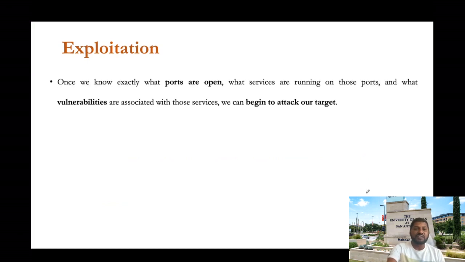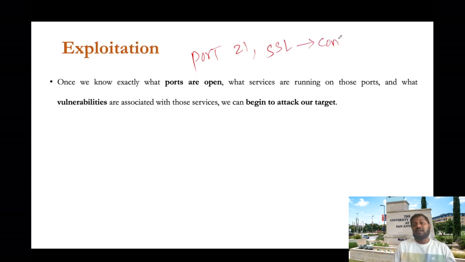The next phase is the exploitation phase. In exploitation, once we know exactly what ports are open, suppose port 21 is open, that means a remote connection can be made with the target.